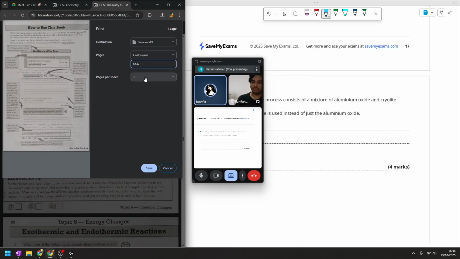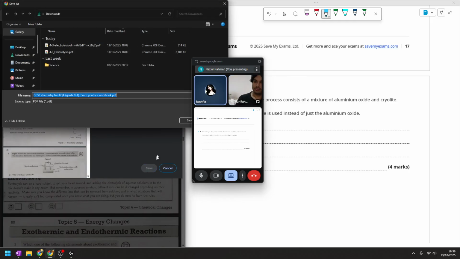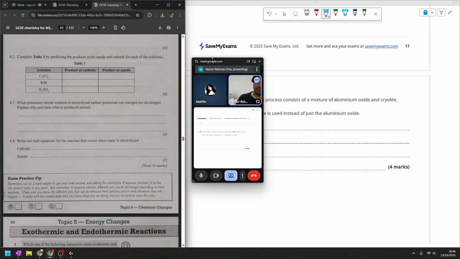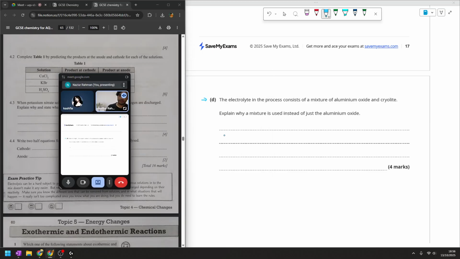Because cryolite. Yep, so why do we use the cryolite? Why do we use a mixture? Because it lowers the melting point. Yep. So why do we use a mixture? You can say the aluminium oxide is dissolved in cryolite.